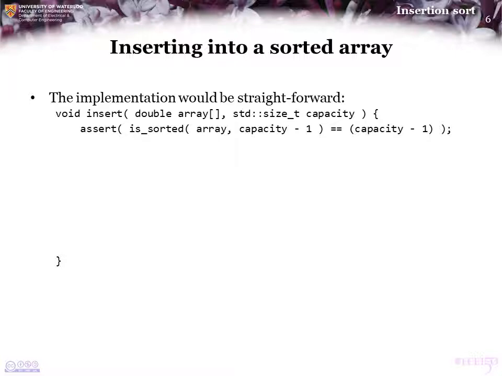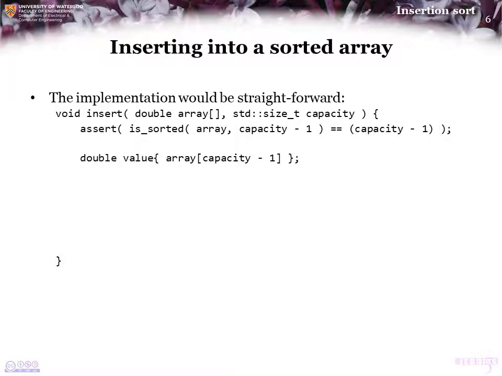So we're going to assert that the first capacity minus 1 entries of the array are indeed sorted, and you'll recall that is sorted returns the second argument if the array is sorted, and if the array is not sorted, it will return the first index of an entry that is less than the previous entry. So if the array is not sorted, it will return a value between 1 and the second entry minus 1.